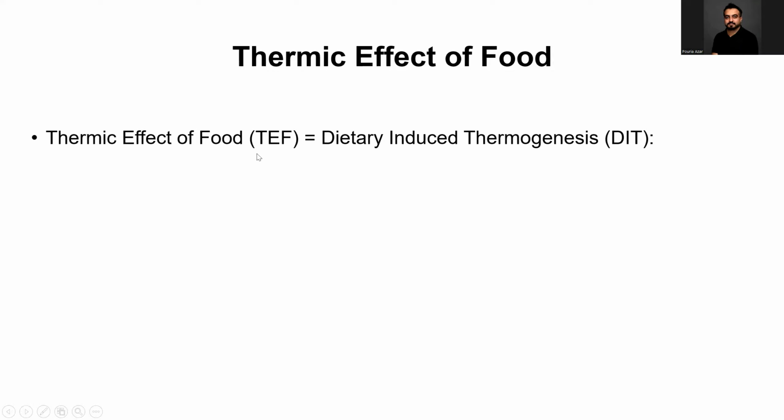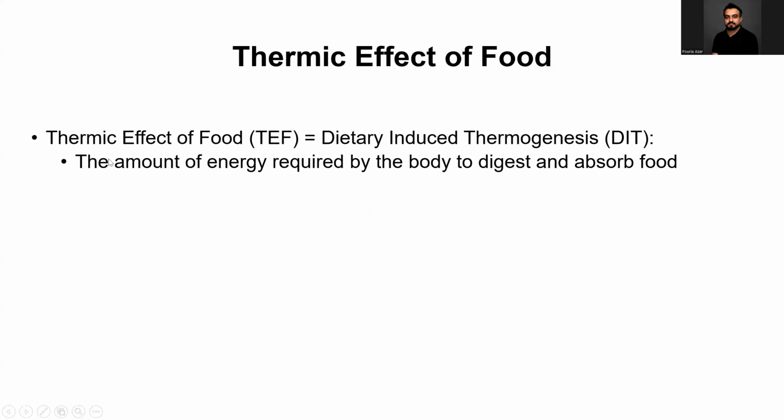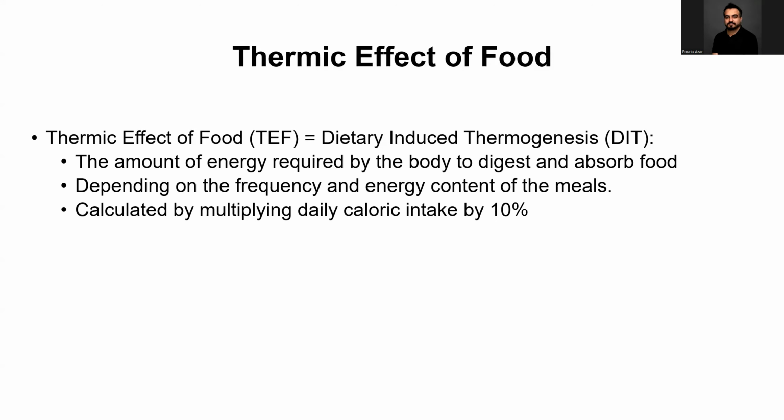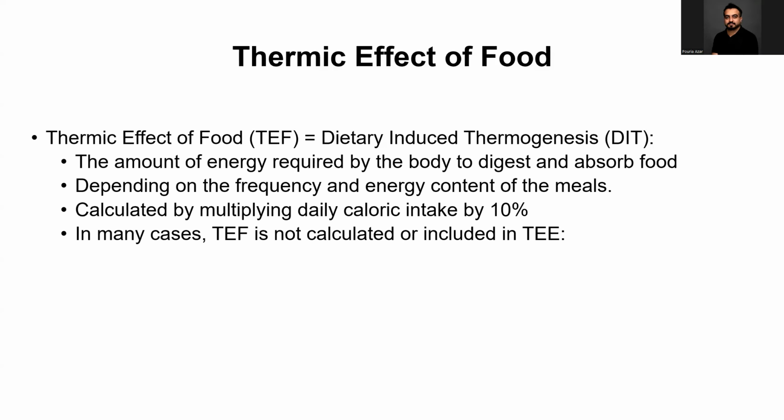This TEF is more common than DIT in textbooks and research articles. It's the amount of energy required by the body to digest and absorb food and nutrients, and it depends on the frequency and energy content of the meals. And it's calculated by multiplying daily caloric intake by 10%.